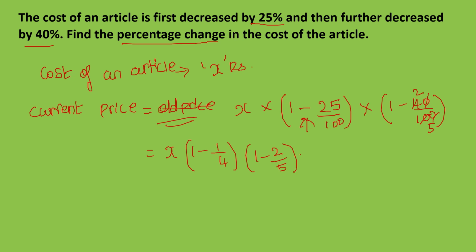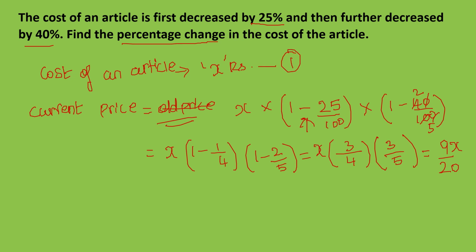So now again find the result of this. Here we can take an LCM as 4, so up will be 3, and here we can take an LCM as 5 and up will be 3, 5 minus 2. So what is the answer now? 3 into 3, 9 by 20x.